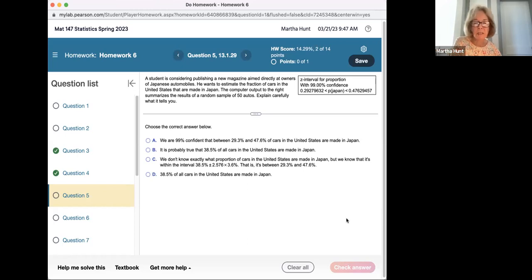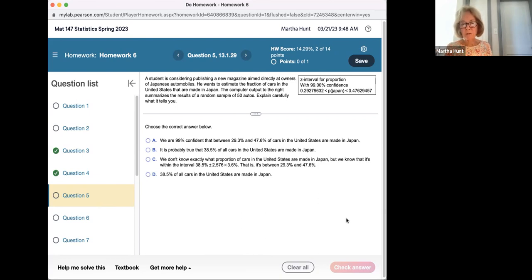Take a moment and look at these 4 options and read through them. We are 99% confident that between 29 and 47 of the cars in the United States are made in Japan.